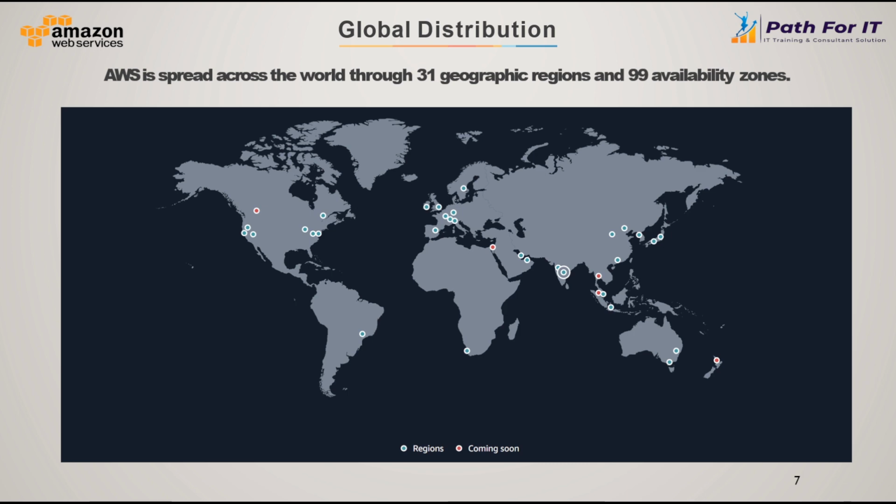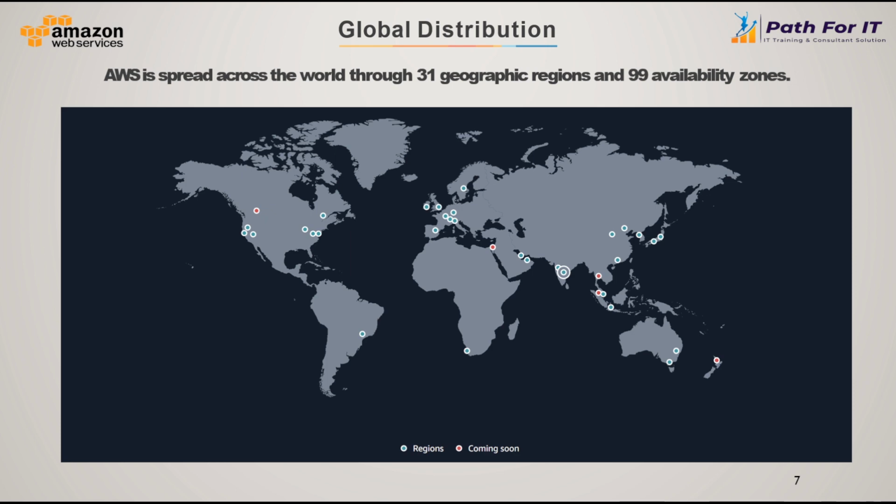So the first thing we are going to see here is the AWS region. AWS is spread across the world through 31 geographic regions and 99 availability zones. It's not an absolute value, like 31 geographic regions and 99; this is approximate.